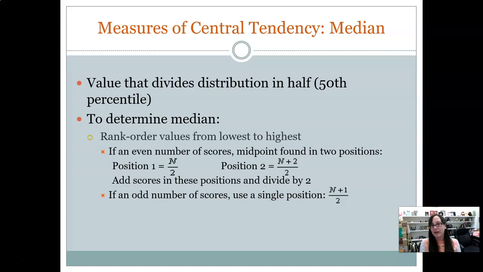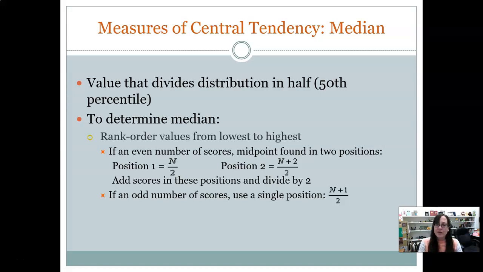The midpoint isn't going to fall on one of your values, it's going to fall in between 2 of your values. So with 6 values, the positions we need to find are the numbers in positions 3 and 4, because then our median is right in the middle of that.